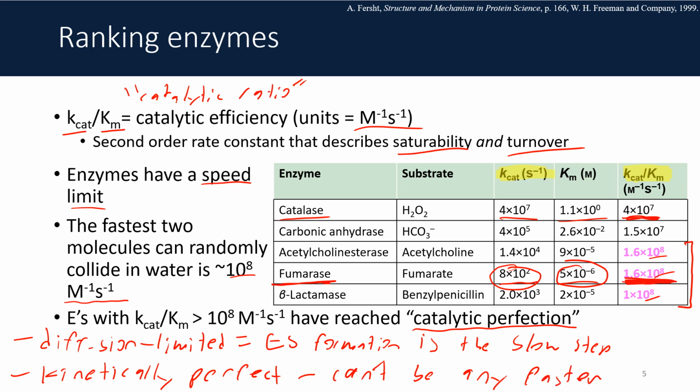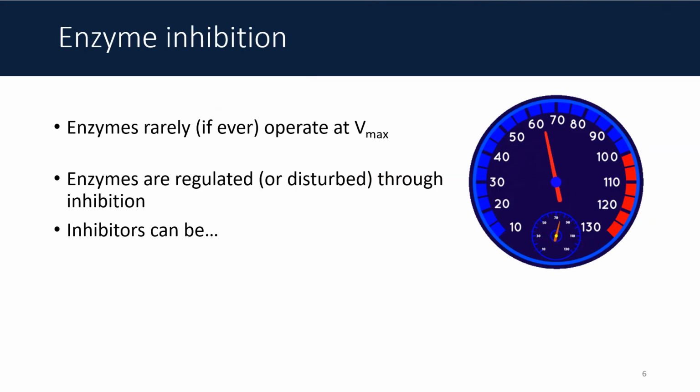It's uncommon for the catalytic efficiency of an enzyme to be this high, but when it is this high, it's certainly attention grabbing. Not only are catalytically perfect enzymes kind of rare in biology, in real life, enzymes hardly, if ever, operate at Vmax or saturating conditions.